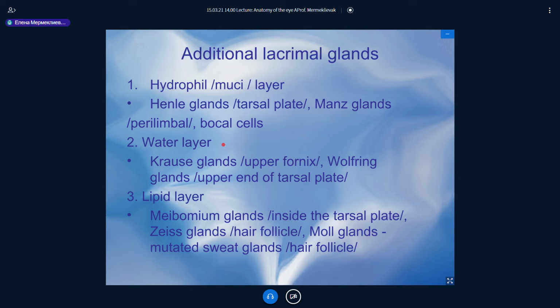The water layer is produced by Krause glands in the upper fornix and Wolfring glands in the upper end of the tarsal plate. The lipid layer is produced by the meibomian glands that are inside the tarsal plate, the Zeis glands that are near the hair follicles, and Moll glands that are modified sweat glands near the hair follicles.